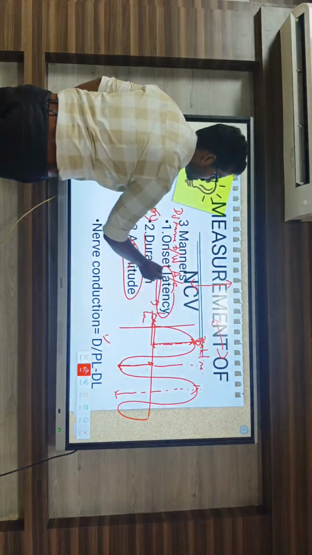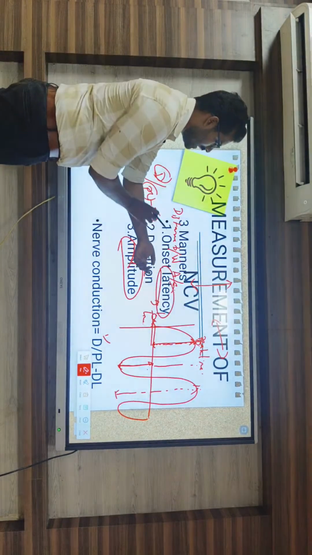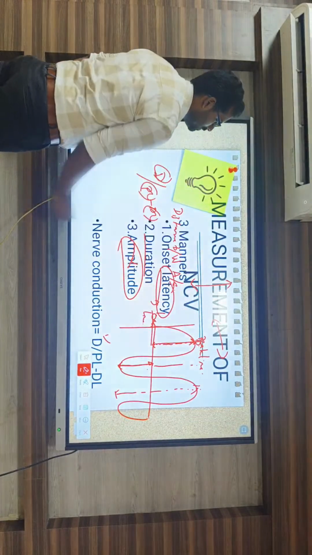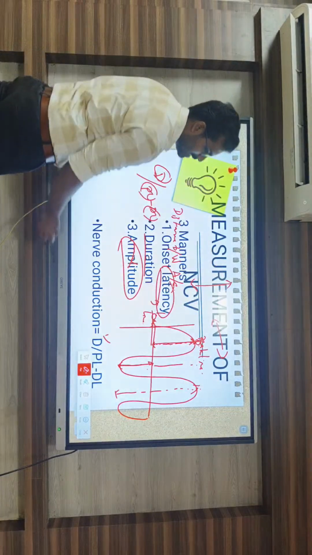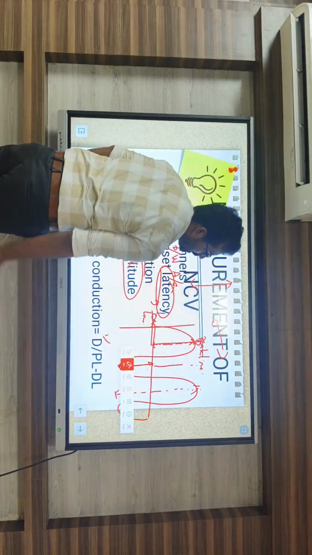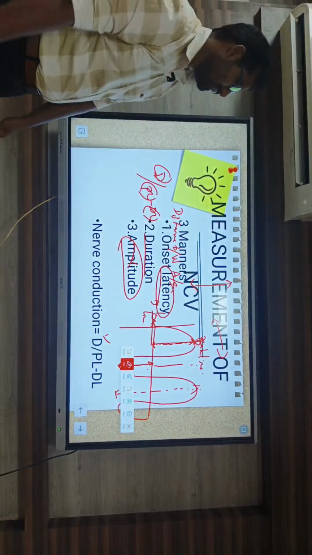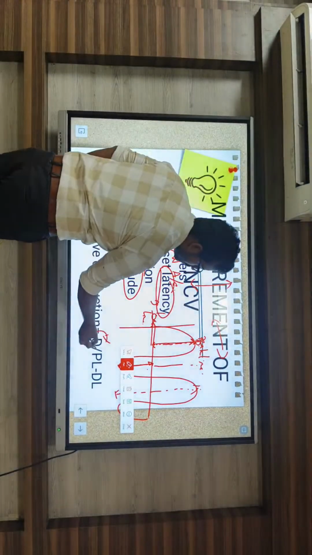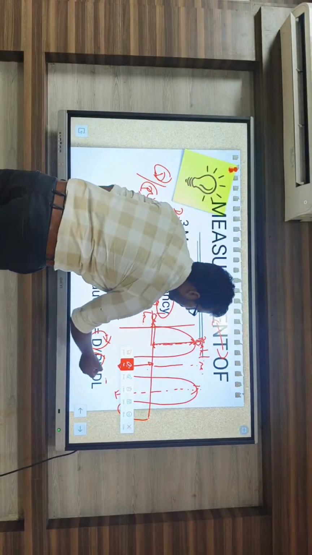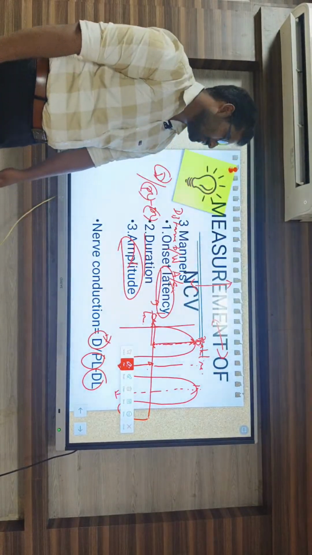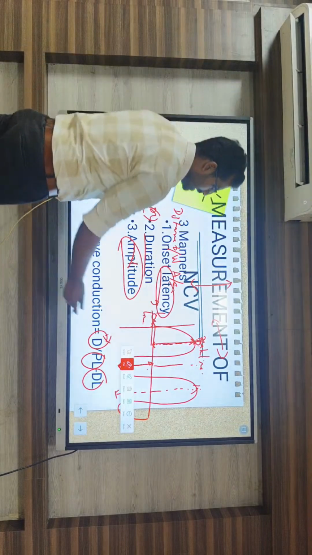So based on this latency period, whether it is proximal or distal, and the distance between the anode and cathode, those are all the calculating parameters. The formula is D divided by PL minus DL. D resembles the distance, this is the proximal latency and this is the distal latency. This is the calculating formula of the nerve conduction velocity.